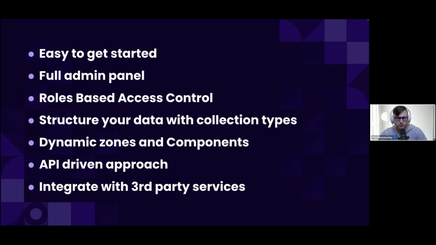You're able to use dynamic zones and components, something we'll take a look at in a little more detail to show you how to structure your data. It's API-driven first, so you'll be able to structure data and your front-end developers can hit an endpoint and get that data, and it integrates very well with other third-party services. For me, the magic of Strapi is that you're able to get started really quickly, but if you're looking for advanced customizations, it allows that as well.